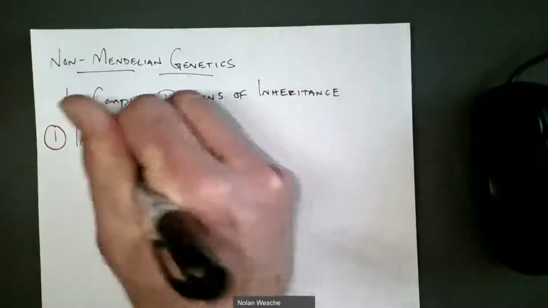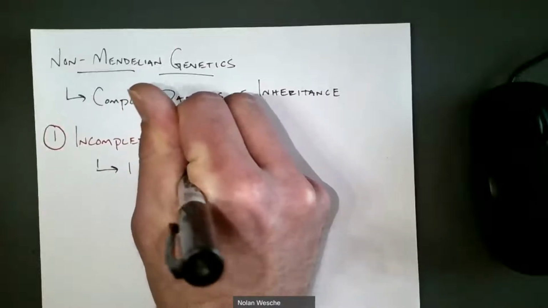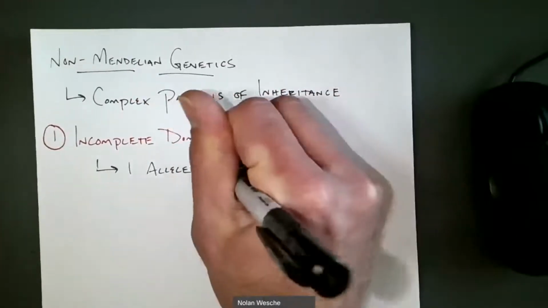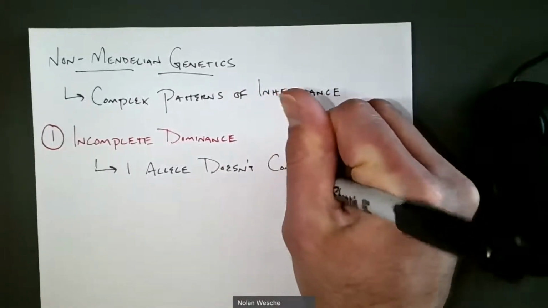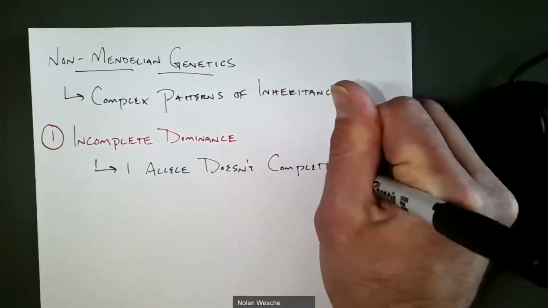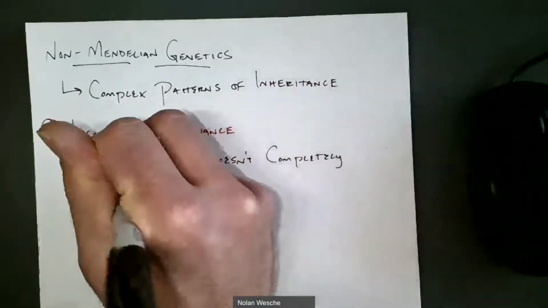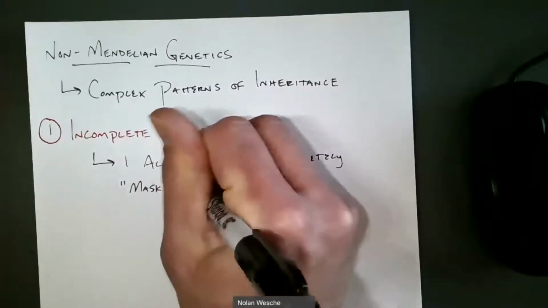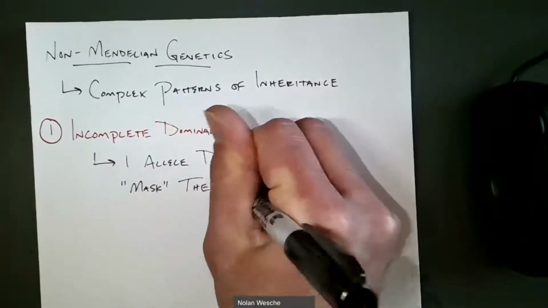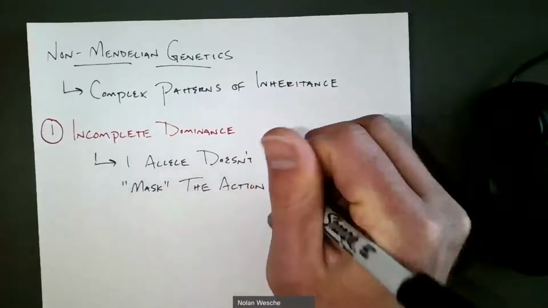So we'll say that one allele doesn't completely mask the action of the other.